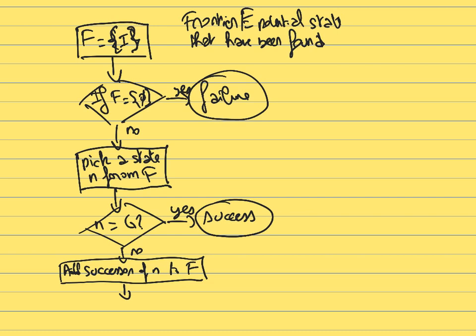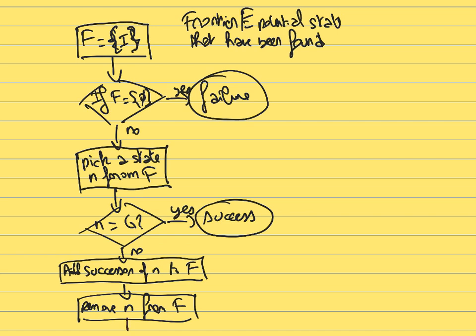You know that state n is not the goal, so you don't need to go back to state n. So you will remove n from the frontier F, because now it's not a state that you have not visited yet. You have visited this state n, you have checked that it's not a goal, so now you remove it from the frontier. You will now start exploring some new states.